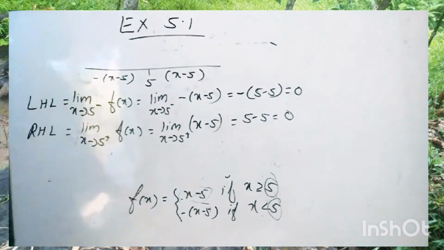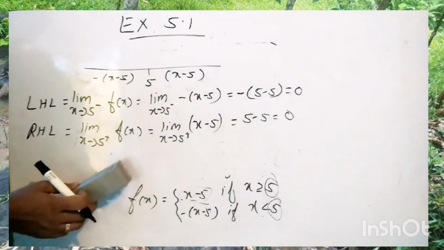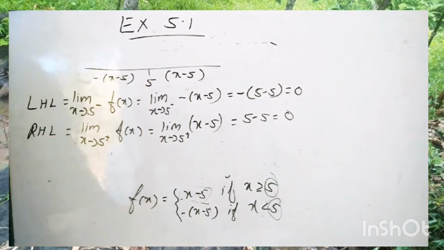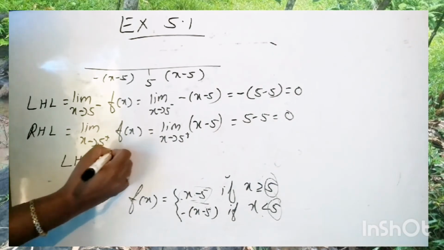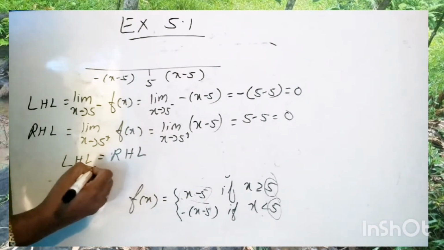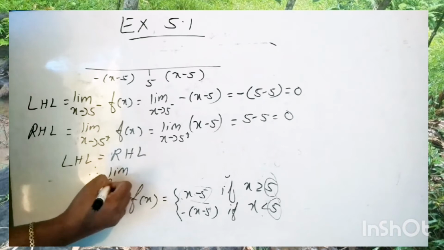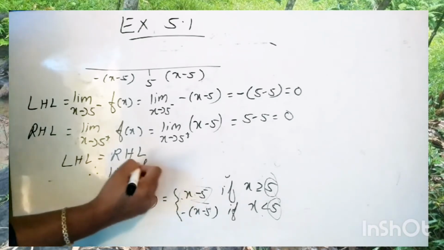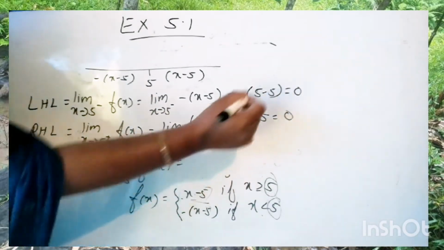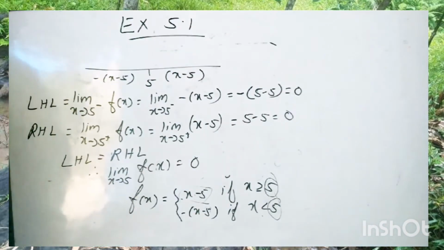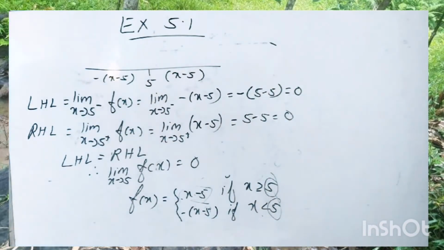Here the left hand limit and right hand limit are equal, and we know that if they are equal, then the limit value is that common value. Therefore, limit x tends to 5 of f of x is equal to 0.